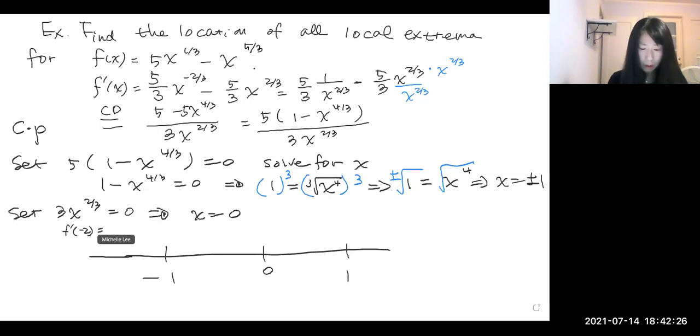Thank you. Then we have 5, 1 minus x to the, oh no, not x. I need your help because this is a power, right? A fractional power. So this is a -2.